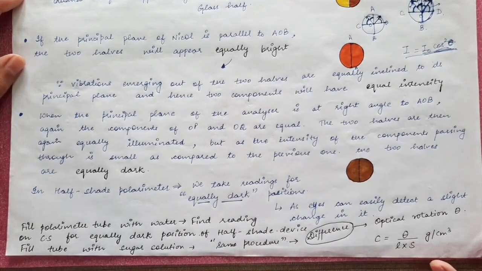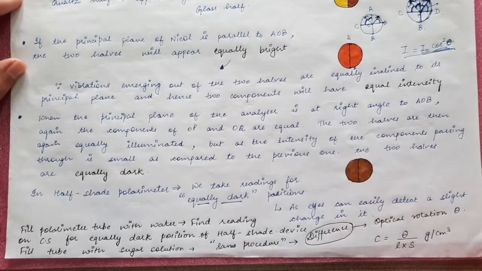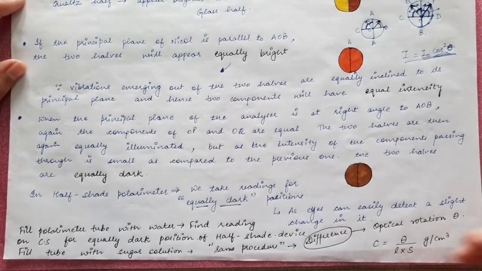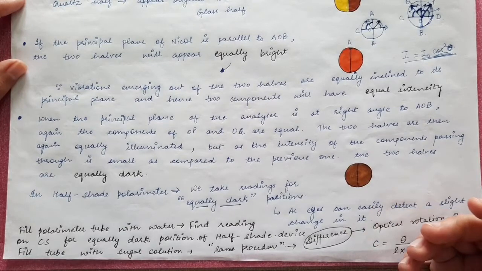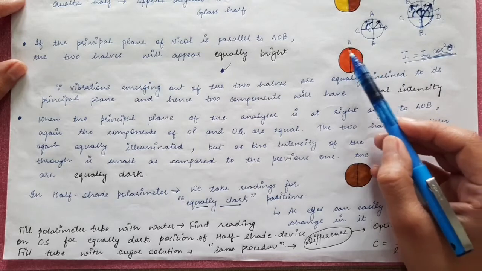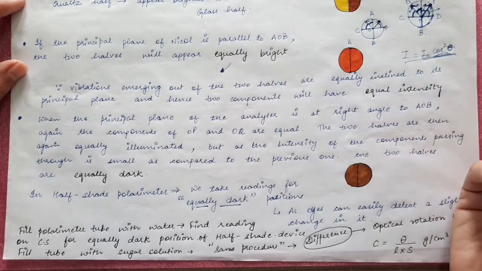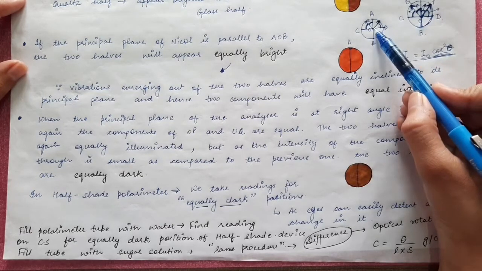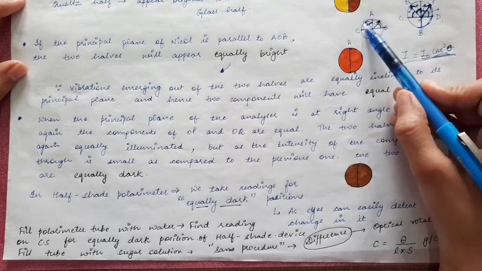Now in the case of the half shade polarimeter, we take the readings for the equally dark position. So what do we do? Firstly we rotate the principal section of the analyzer, and as we rotate, the intensity of the two halves will change. If the principal section is parallel to this direction, then this half will appear brighter and this will appear dark.